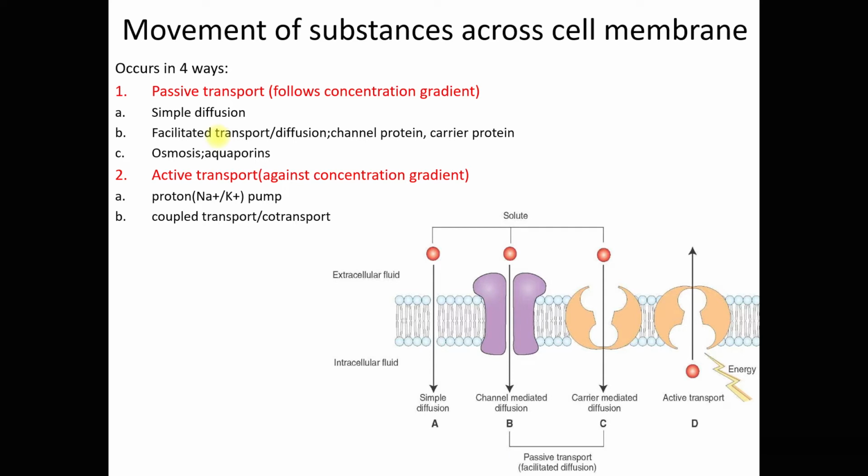Now active transport is the transportation of substances against the concentration gradient. This active transport involves the proton pump and coupled transport or co-transport. So if you come across co-transport, another name for co-transport is coupled transport.